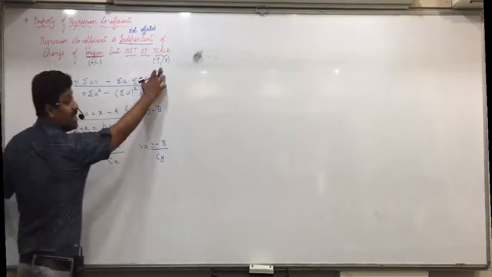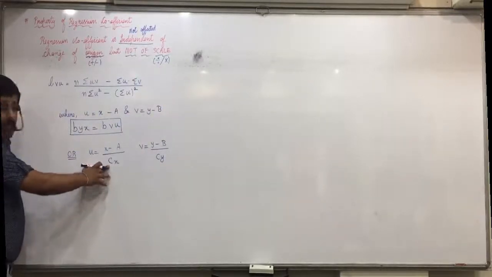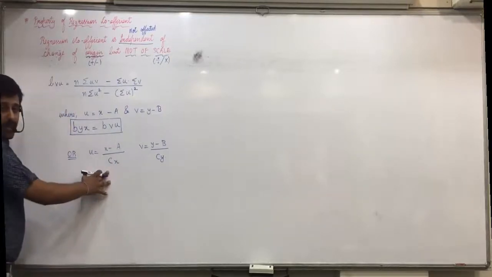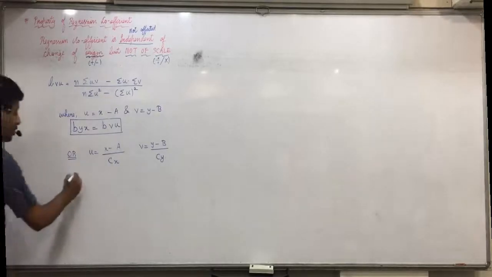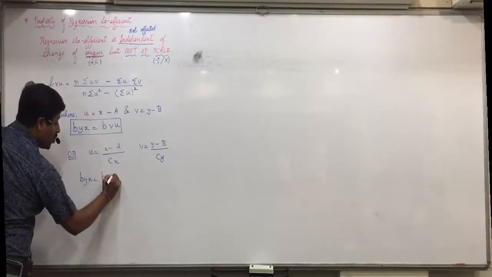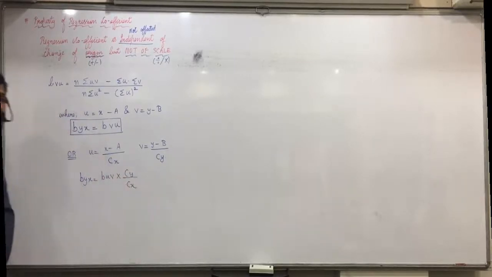But it is affected by change of scale, and here you are changing the scale also, you are dividing it. So how to cancel its effect? BVU and BYX will not be the same. BYX will be equal to BVU into CY upon CX.